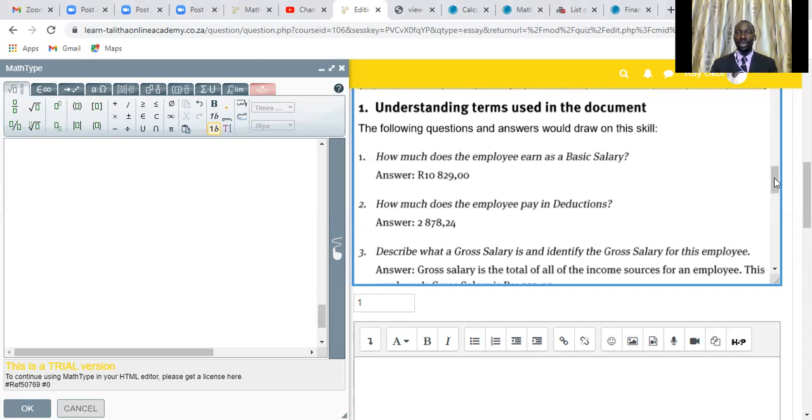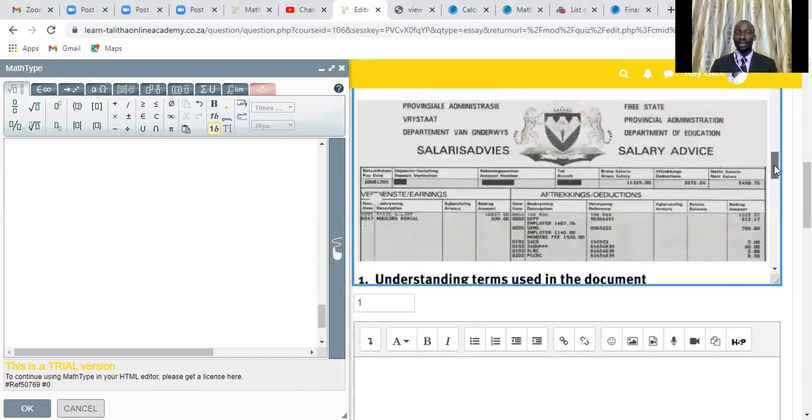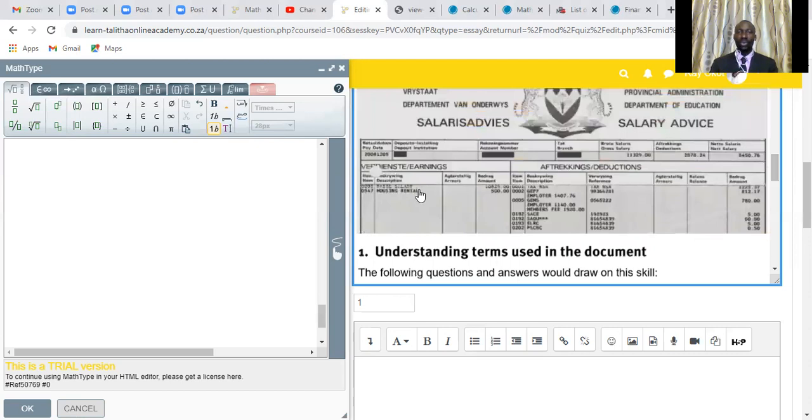Were we able to see it from this graph? When you look at it carefully, you will see here is a mention of basic salary, and the value here is 10,829 as the basic salary.